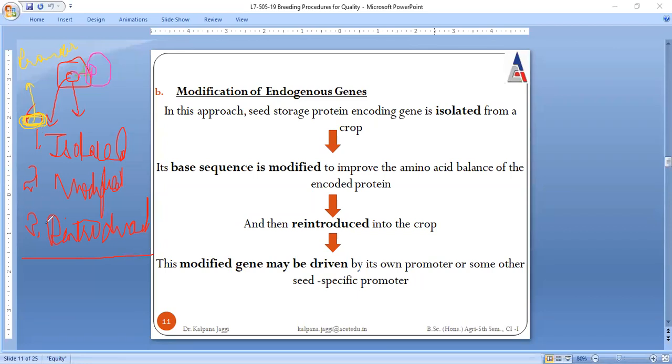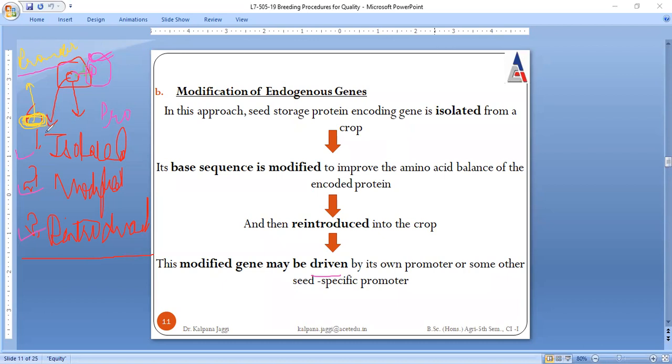So in that case, once it is isolated, modified and reintroduced, this modified gene can be driven either by its own promoter, that means by the one which was already present within the host cell, or its regulation can be done by a promoter that is no more present in the cell, but is specific to this modified gene.